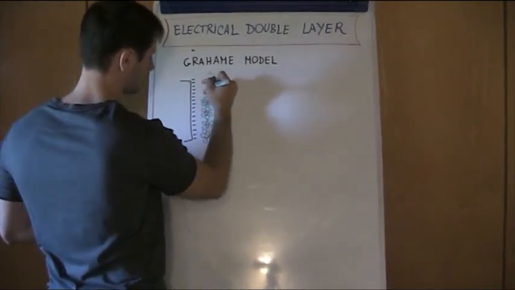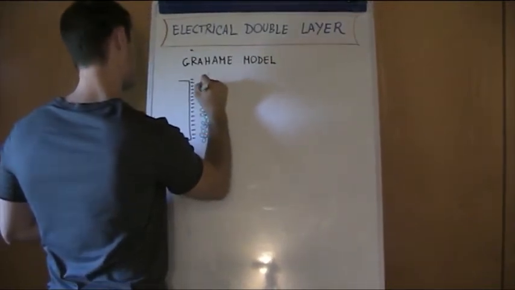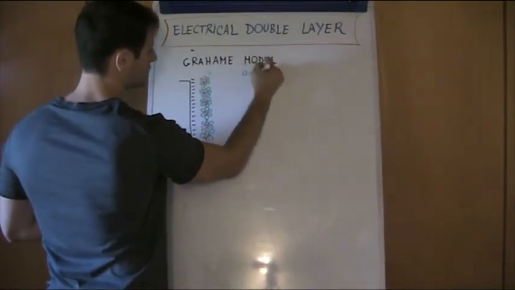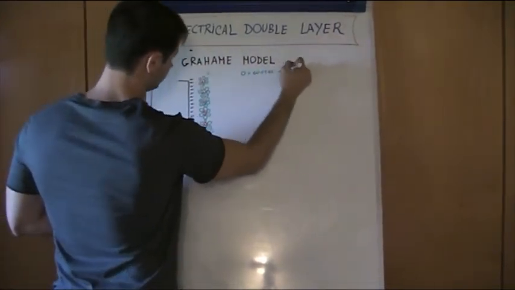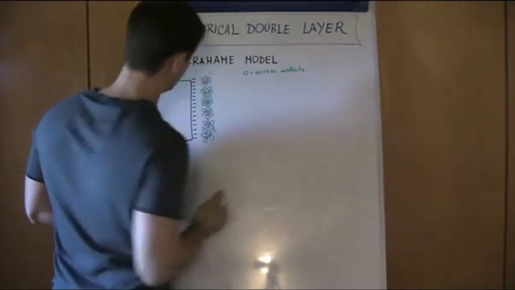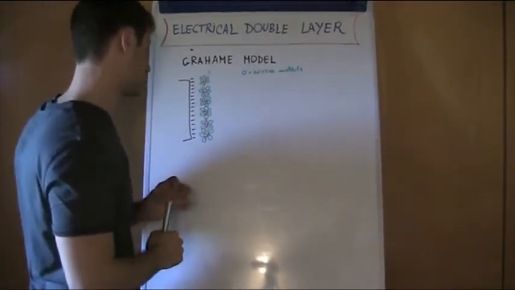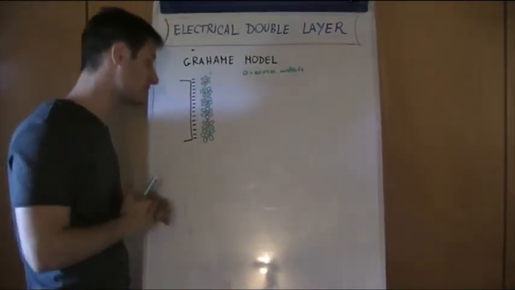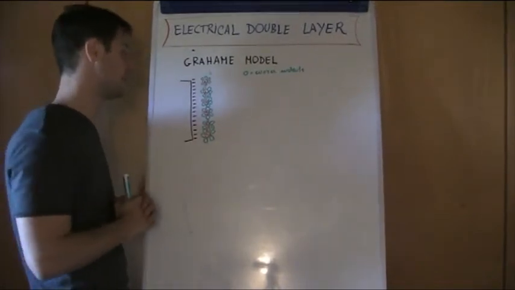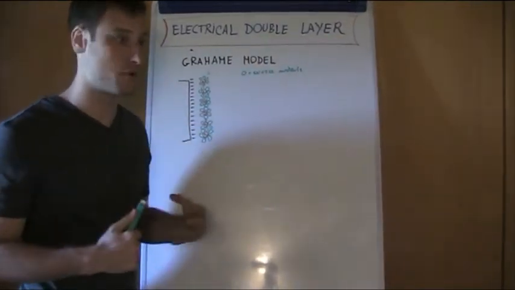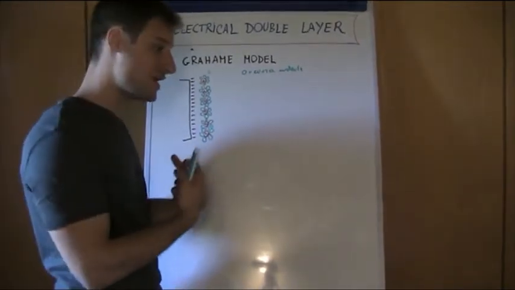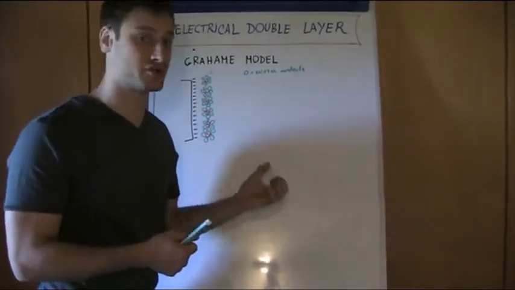The green one. So we have that the green is a water molecule. What actually the Grahame model tells us is that we can have different steps of potential profile, also taking into consideration in which way the water molecules are oriented toward the electric field.